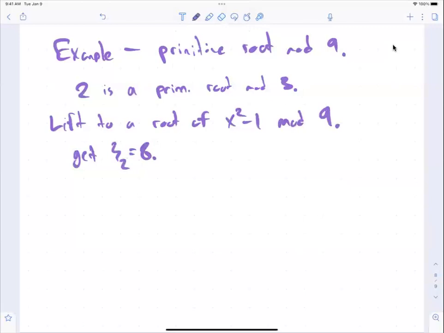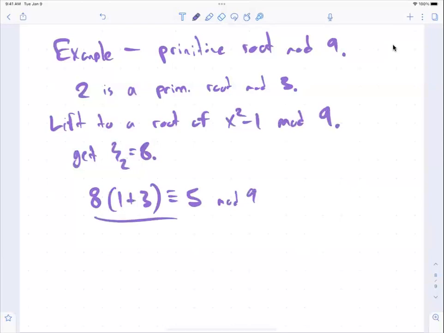And then we're looking at 8 times 1 plus 3. So p is 3, so this is 8 times 4. So this is 32, which is 5 mod 9. So this is supposed to be our primitive root. And well, 5 squared is 25, so that's 7 mod 9.